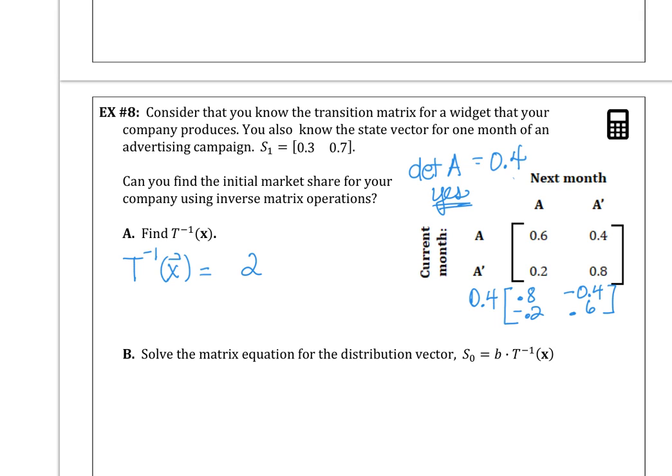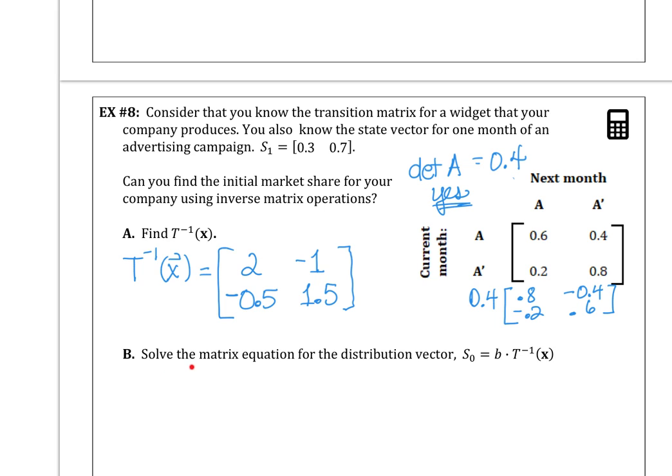Negative 2/10 divided by 4/10 is going to give us negative a half. 4/10 divided by 4/10, with the negative, would give us -1 here, and then the lower right, 6/10 divided by 4/10 would give us 1.5 there. So here is our inverse matrix using those earlier properties of matrices.